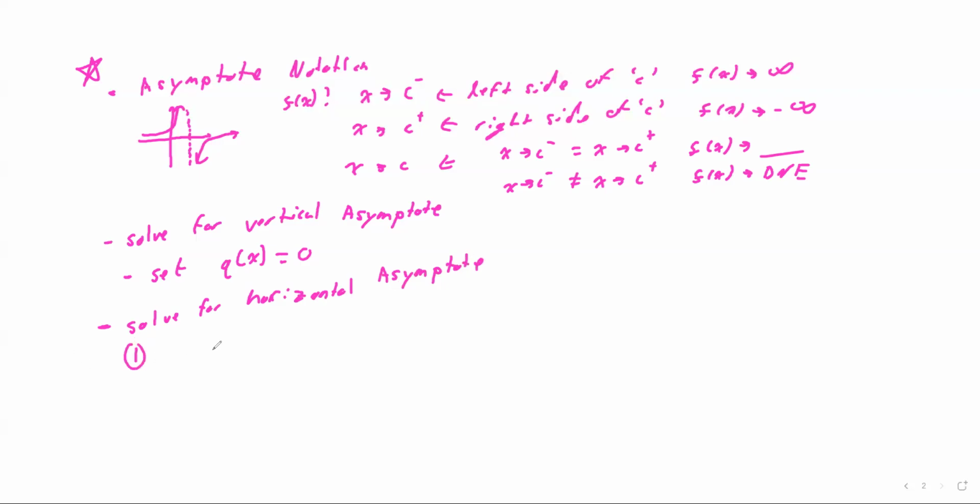we have three rules. If f of x is written as p of x over q of x, then let's say this can also be written as ax to the n, and then this can be written as ax to the m.